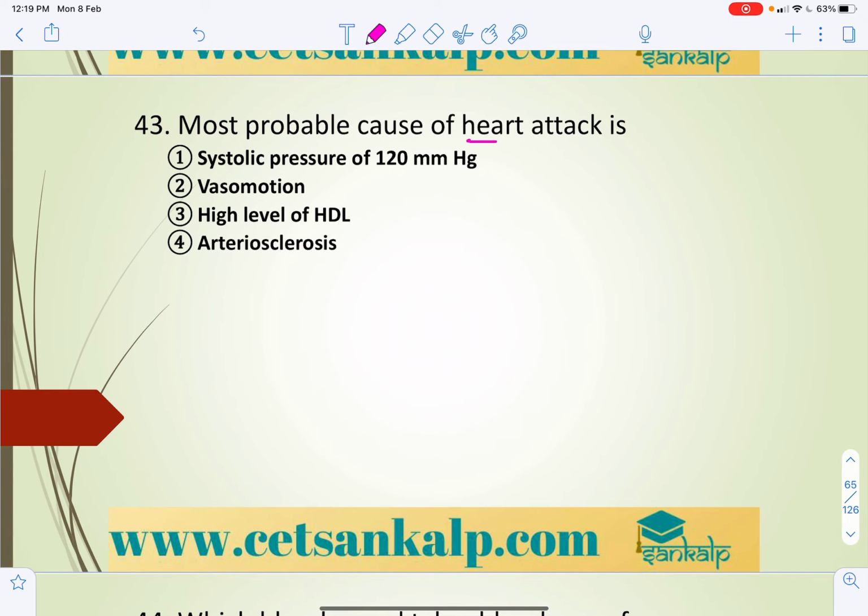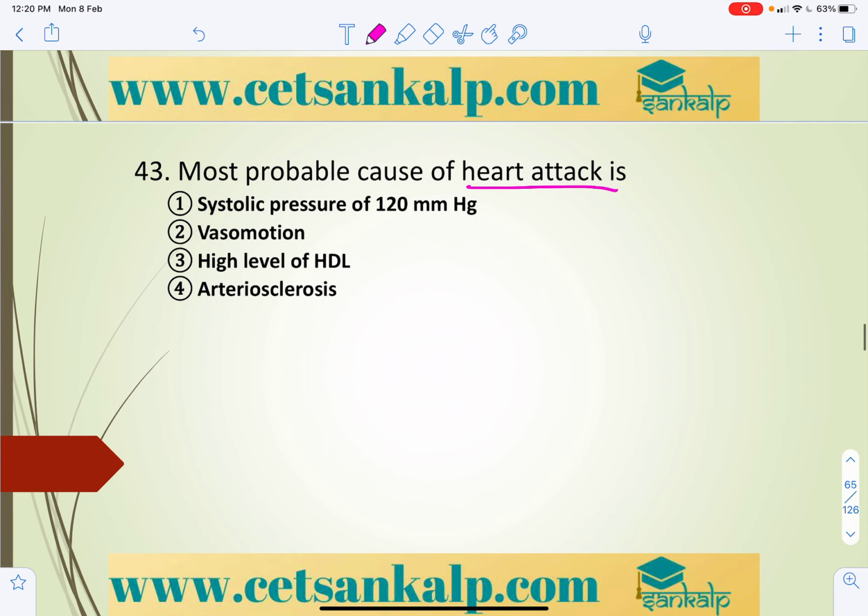Most probable cause of heart attack. This is related to the chapter body fluid and circulation. What is the answer? Systolic pressure, that is normal, this is 120.